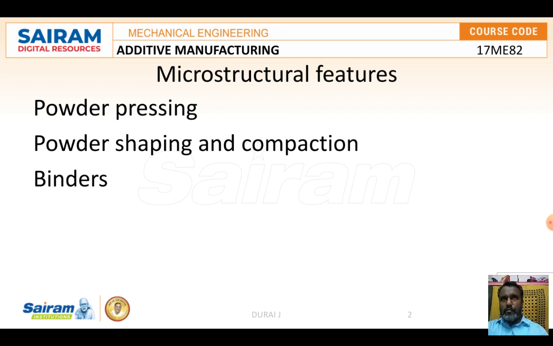So now, what about the other alloys? Microstructure analysis of the other alloys gives information relating to the phases present, their relative amounts as well as their distribution. This depends on the method of production or composition and the thermal history of the powders. So this is about the microstructural features.